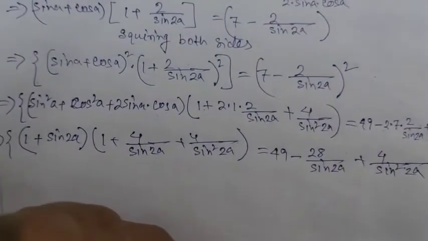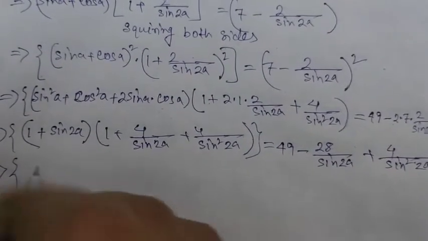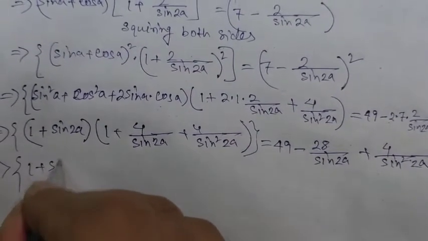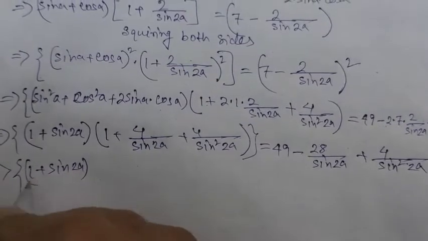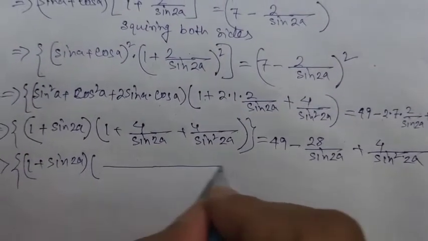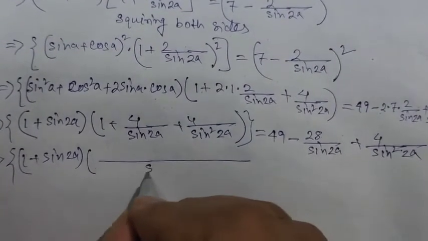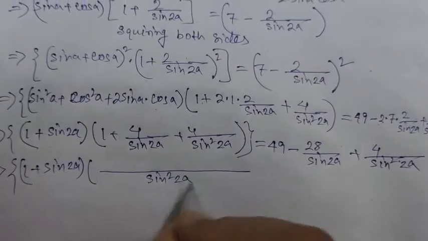Now what to do? We will keep 1 plus sin 2A the same, and here we will do the LCM. So sin 2A and sin square 2A, LCM will be sin square 2A.